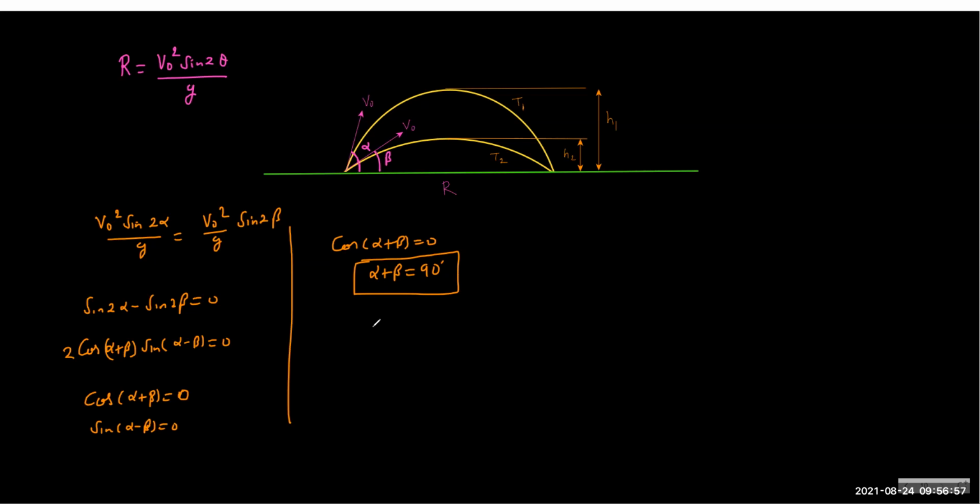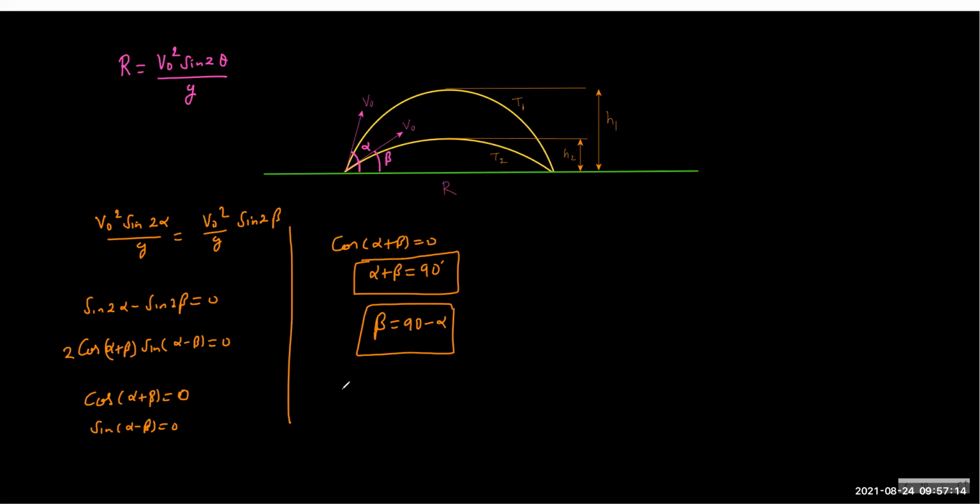So it means alpha plus beta equals 90 degrees. So beta is 90 minus alpha, or alpha is 90 minus beta, which means the angles are complementary angles.